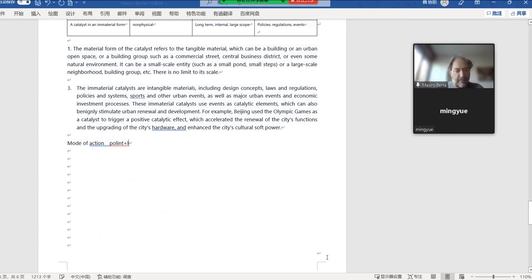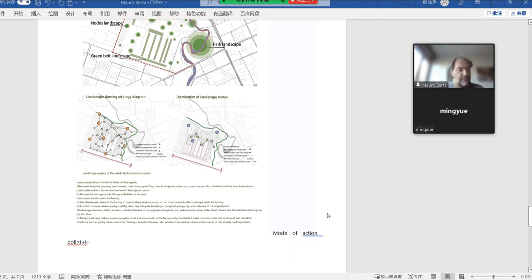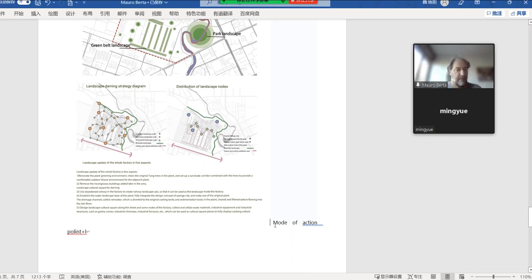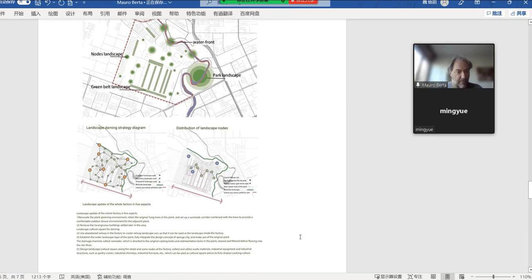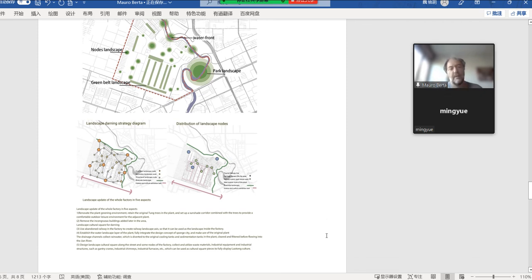If you take some examples in international literature of this kind of drawing, okay. So I would suggest you start first of all from the place, from the site, with some original maps, like this one, and your interpretations.